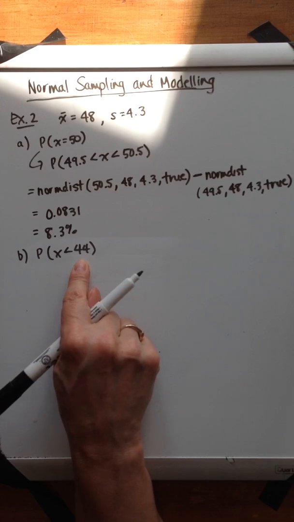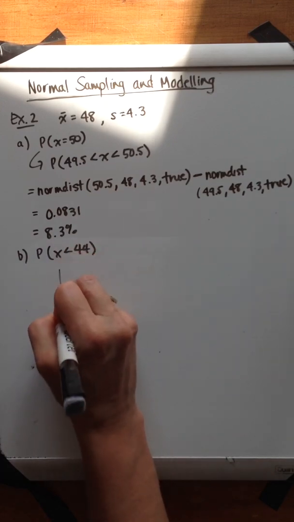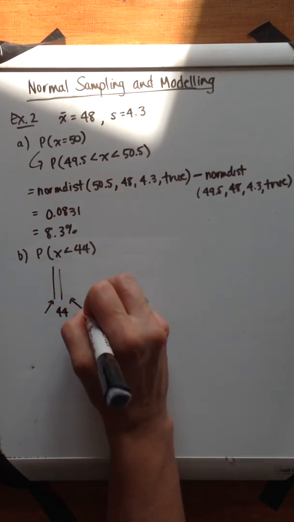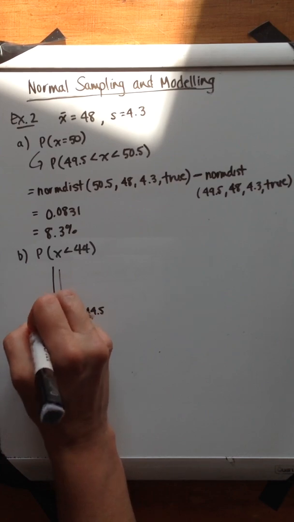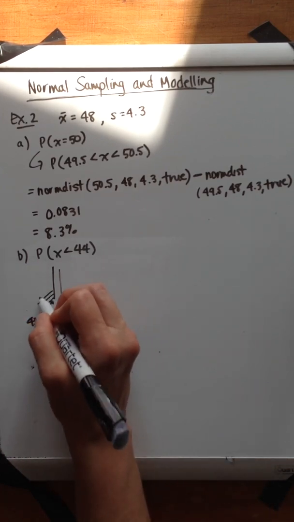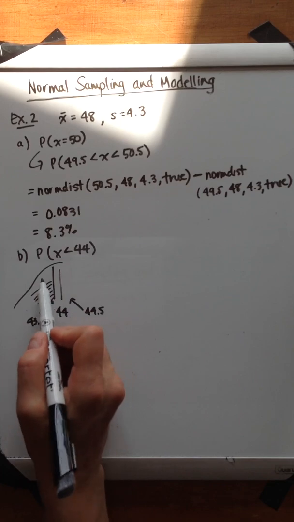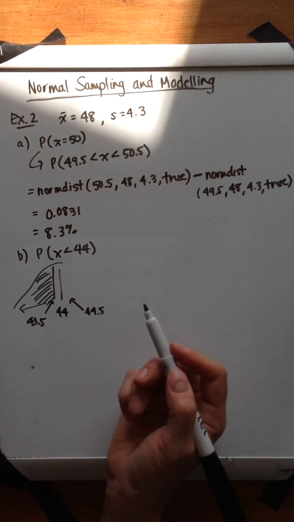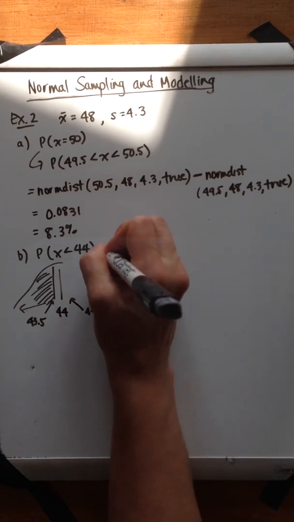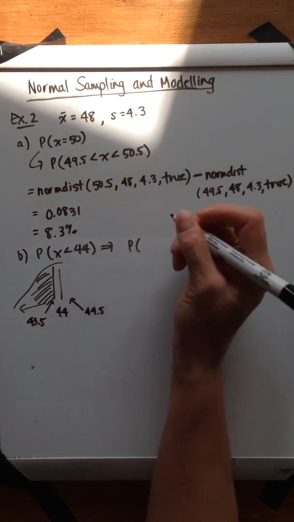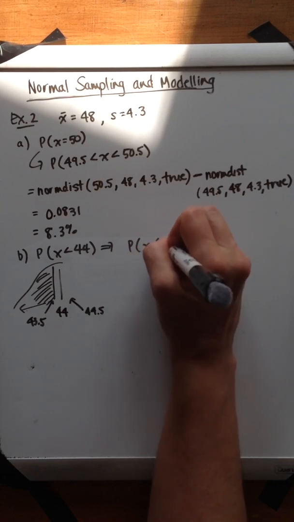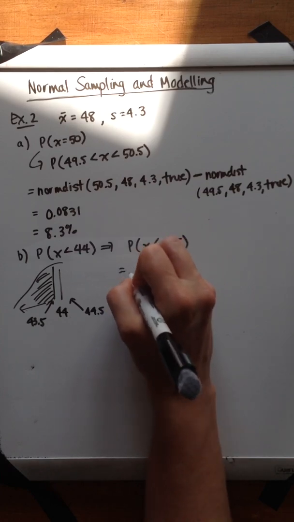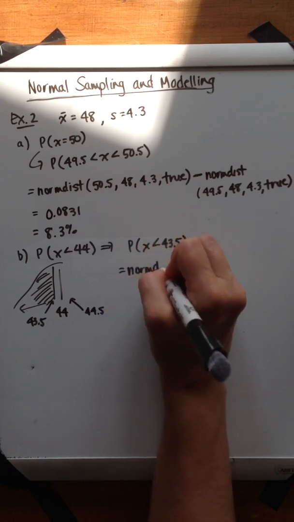So what we really want this to be is if we have 44 and we do our continuity correction of half a unit in either direction, we can do the area under the curve from 43 to and less. Okay, and then that will not include our friend 44. So we correct it to be probability of x less than 43.5, and we type it into Google Sheets as equals norm dist.